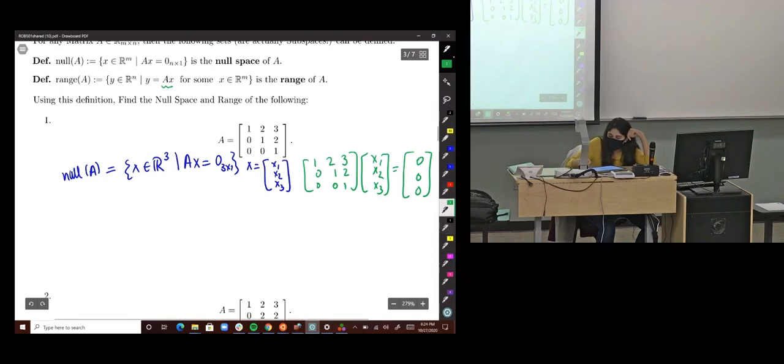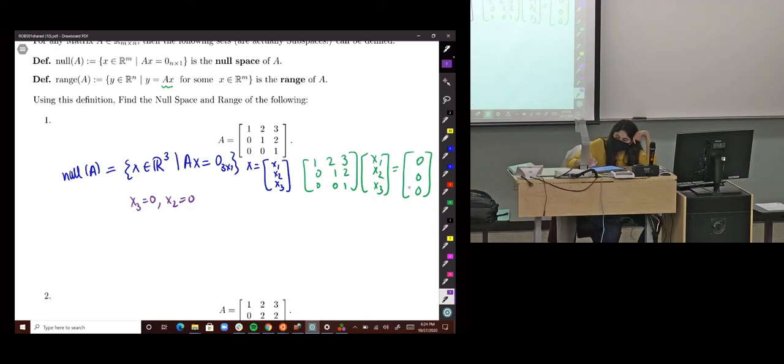And because it's an upper triangular matrix, I can easily solve it using back substitution. If you try that, you'll find that x3 equals 0, and then x2 plus 2x3 equals 0, so x2 equals 0, and then x1 plus 2x2 plus 3x3 equals 0. By that logic, you'll get x1 also equals 0.